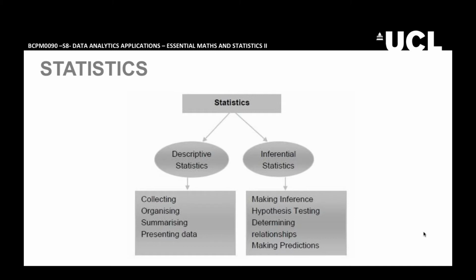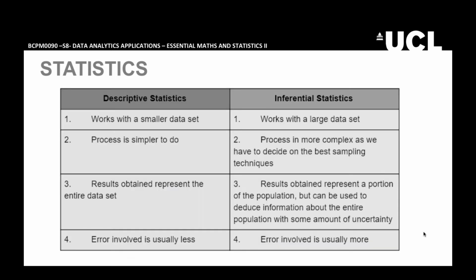In addition, we can use inferential statistics for hypothesis testing, as we will see, to determine relationships and to make predictions. Commonly, the use of inferential statistics is connected with large data sets. That's the reason why inferential statistics is connected with big data.